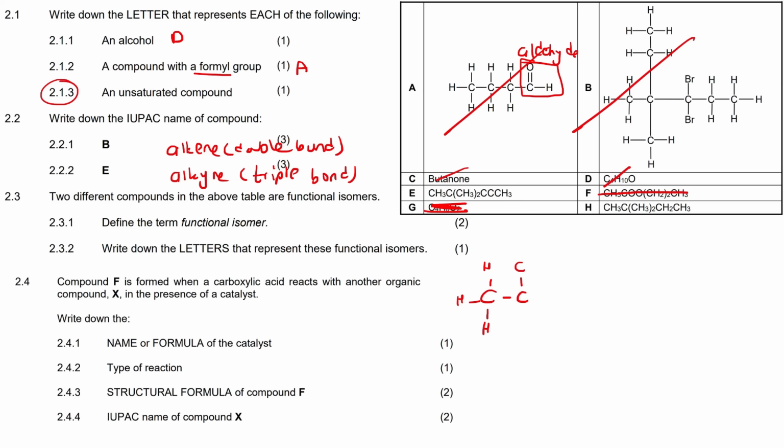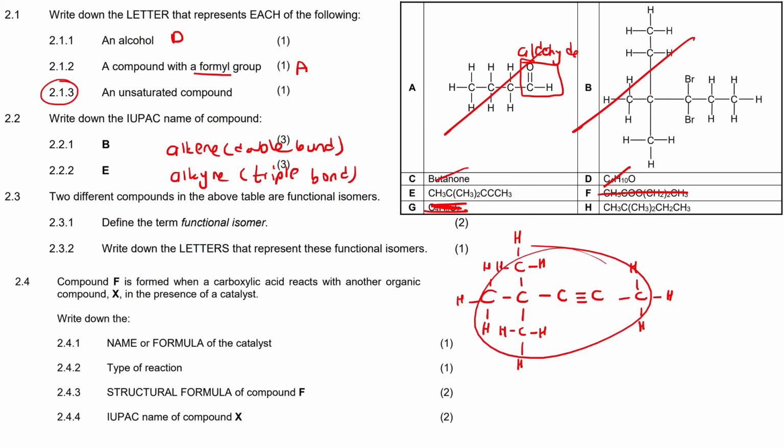So one going like this, there's a CH3, and then the other one going down, there's a CH3, okay? Then there's a carbon, and another carbon, and then a CH3. So in order to fix this, you would have to have a triple bond over here so that this carbon and this carbon have 4 bonds. So there we have a triple bond, and so this is definitely the answer.